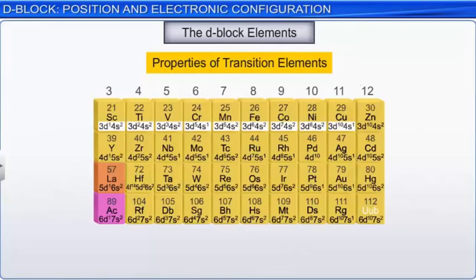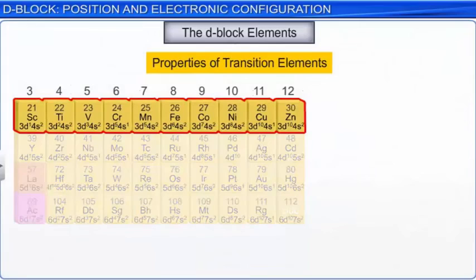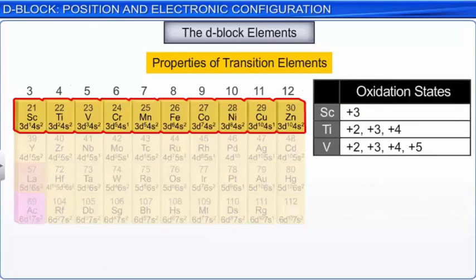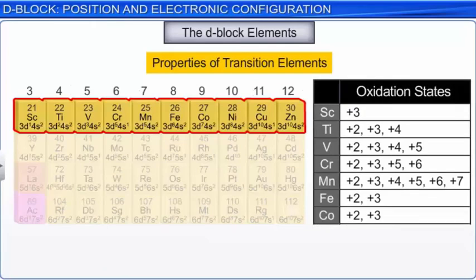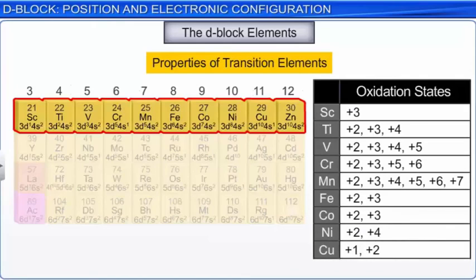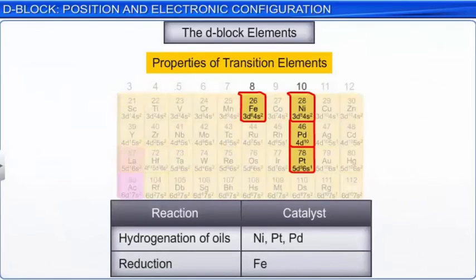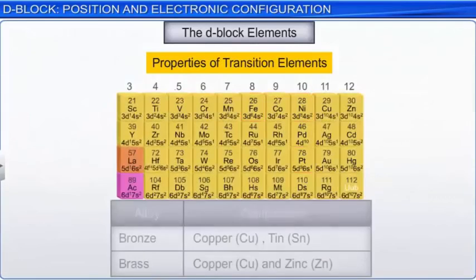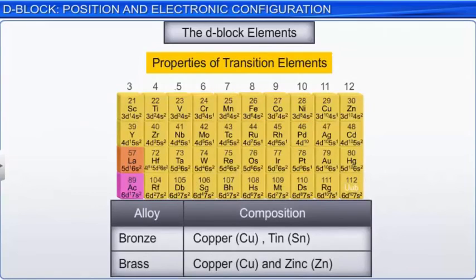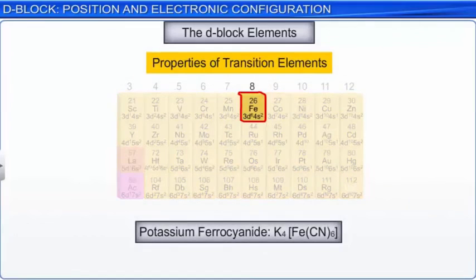Thus, with partly filled d orbitals, these elements exhibit certain characteristic properties, like display of a variety of oxidation states, catalytic properties, alloy forming ability, complex forming ability, formation of colored hydrated ions and salts, and para and ferromagnetic properties.